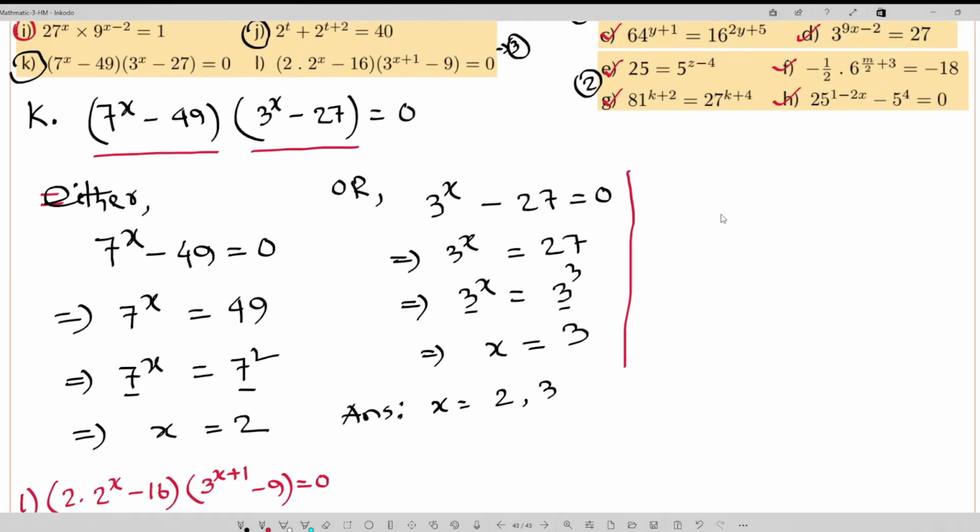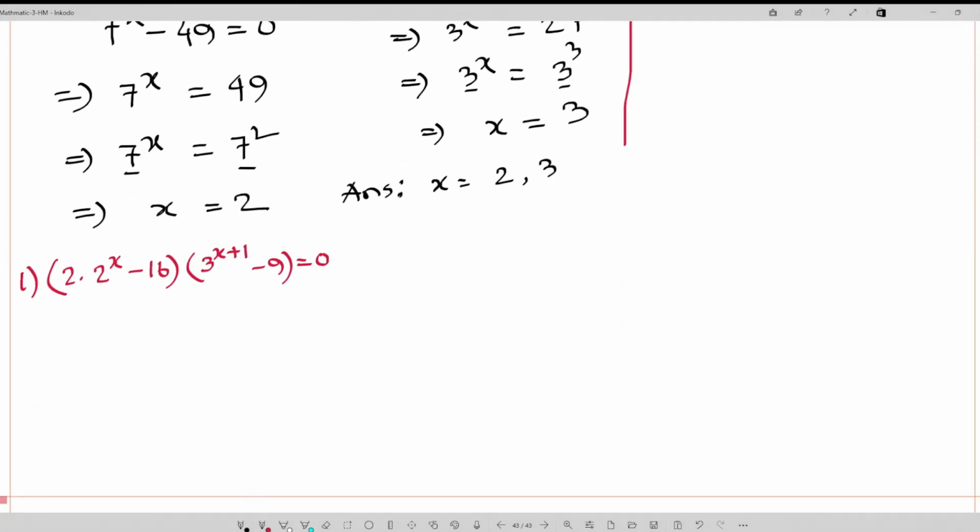Number L is also the same math as K. Here are two expressions. First one 2 times 2 to the power x minus 16, and second one 3 to the power x plus 1 minus 9 equals 0. This one we also write as either 2 times 2 to the power x minus 16 equals 0.